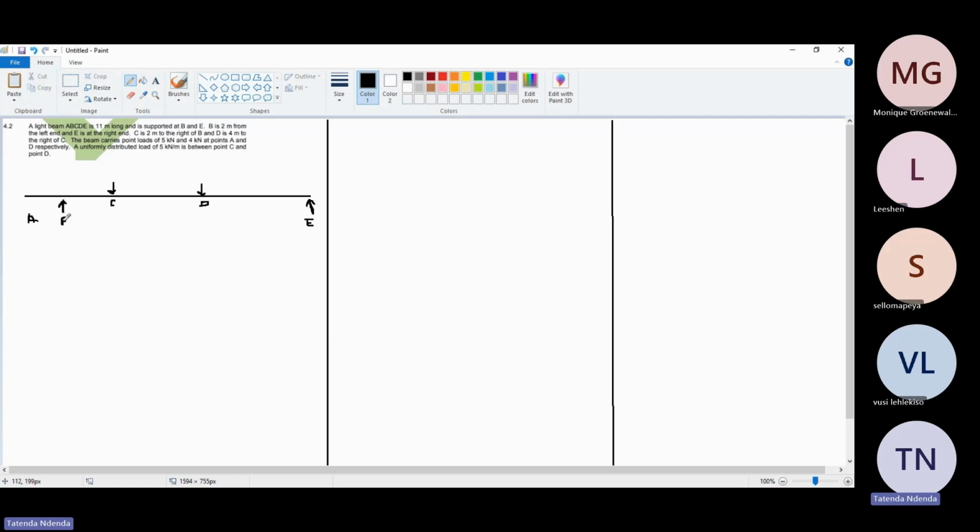I'm going to call this B, and at A we have a point load. At points A and D, 5 kilonewtons here, and also 4 kilonewtons here.